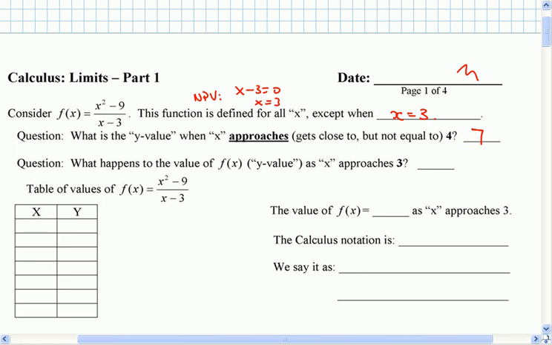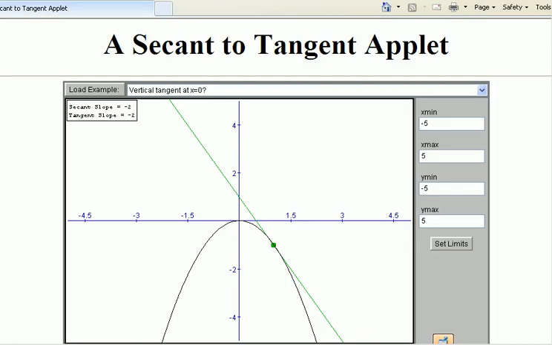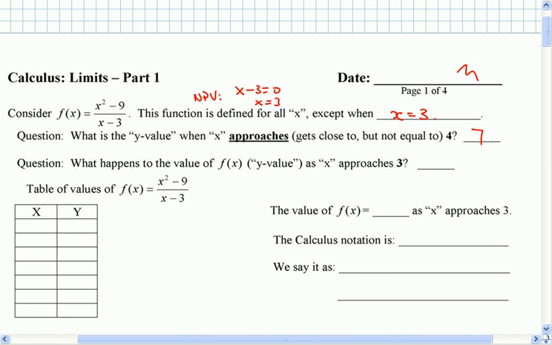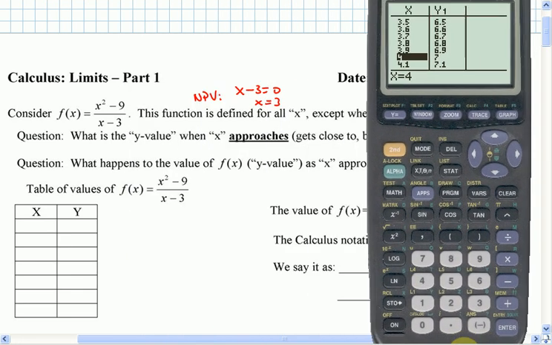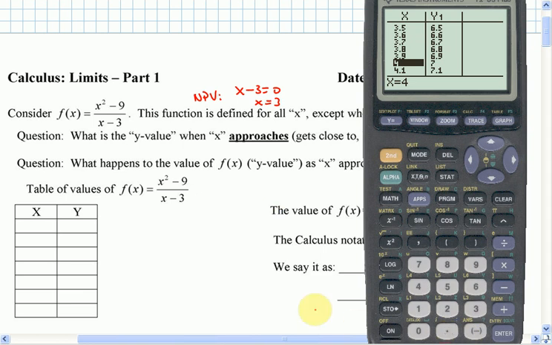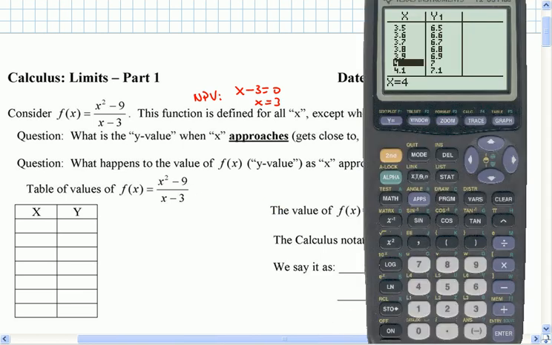Now notice in this case, when x equals 4, the y value is also 7, okay? But what happens to the value of f of x, okay, as x approaches 3? Now we know it doesn't equal 3, so if I scroll up here, you see at 3, it says it's an error.